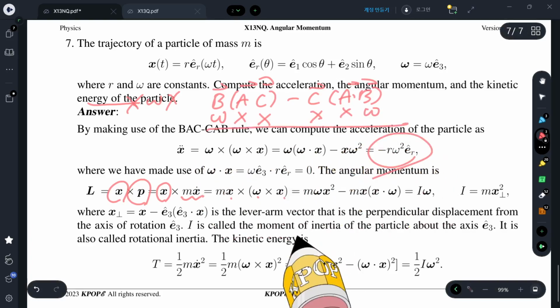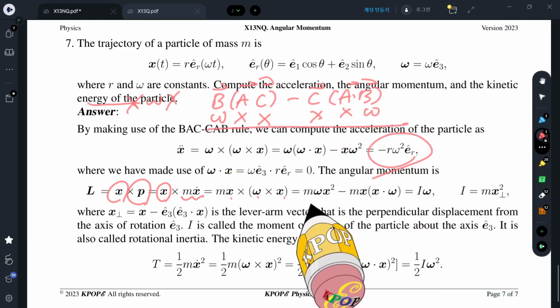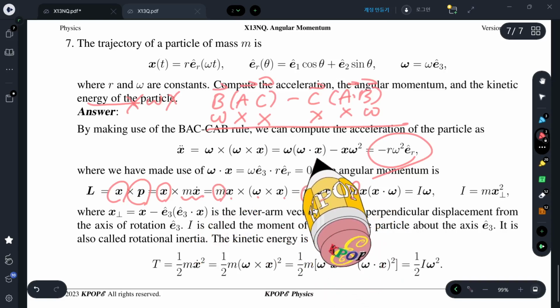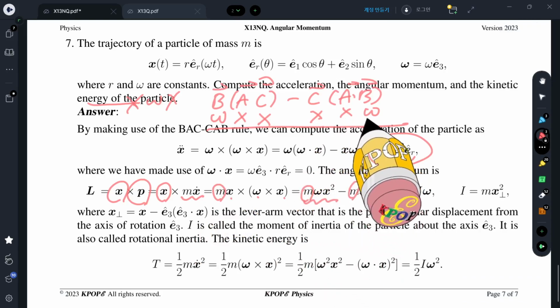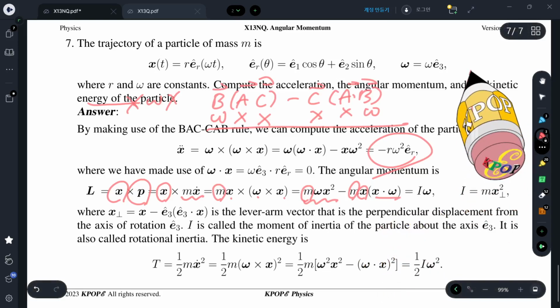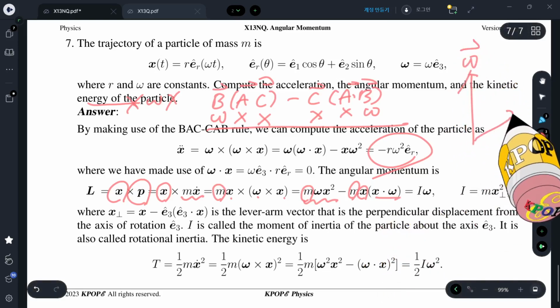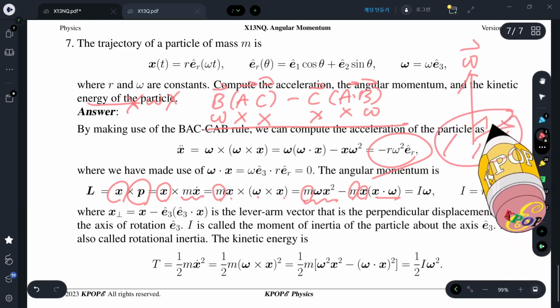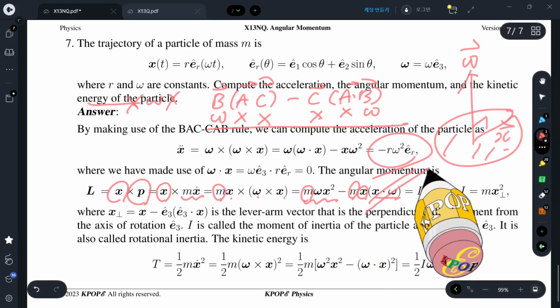So the answer should be omega x squared. We have a mass m here, and then x dot omega, x dot omega. Again, omega is perpendicular to the circular plane, and x is perpendicular to omega. This one disappears.